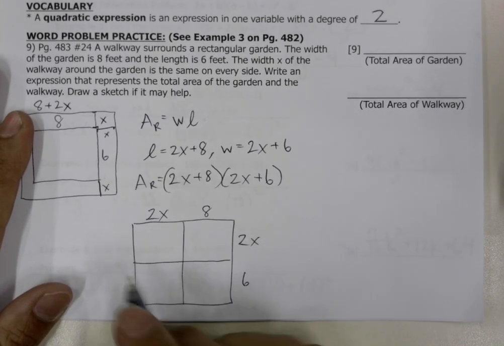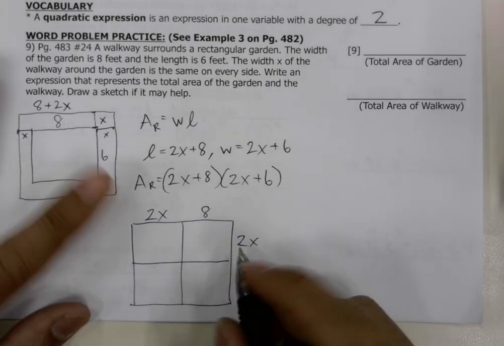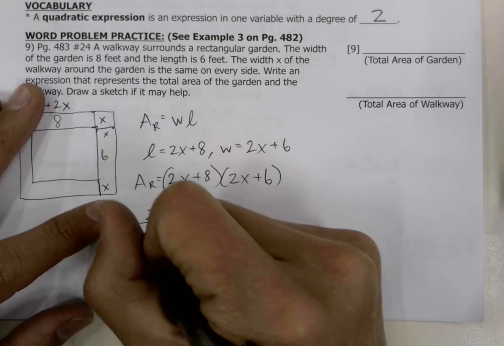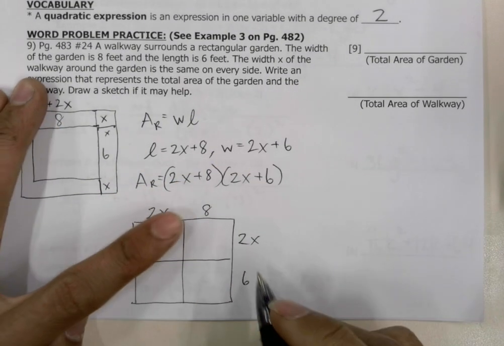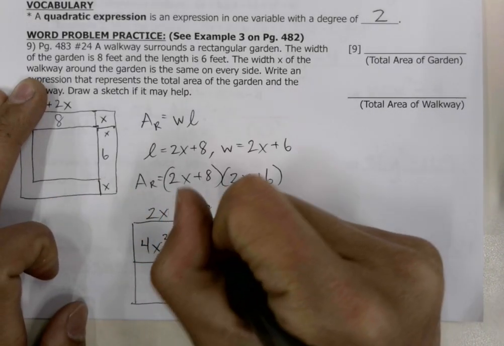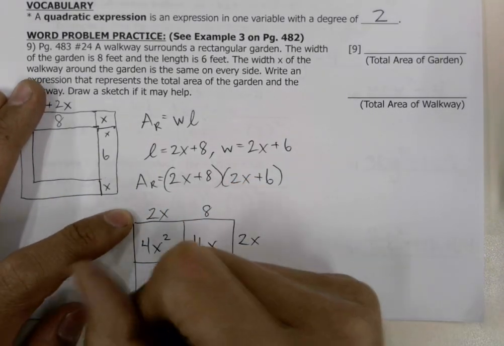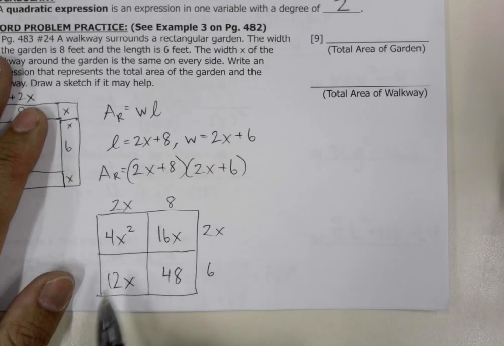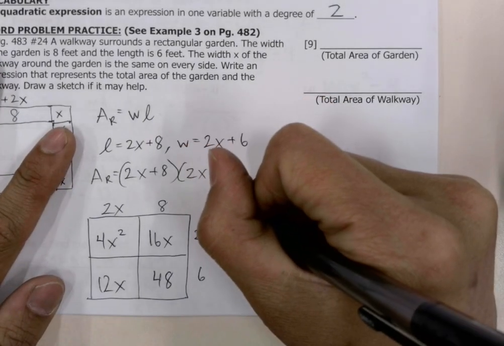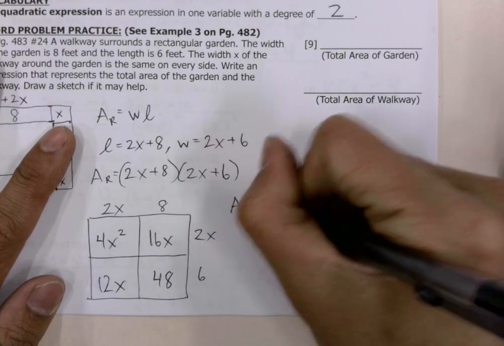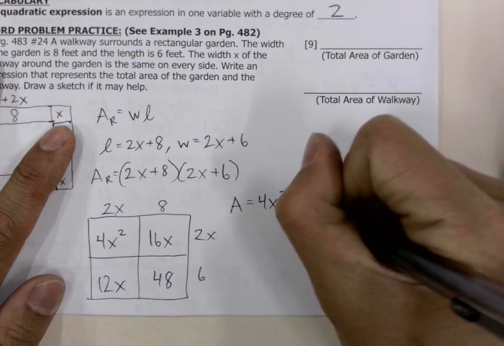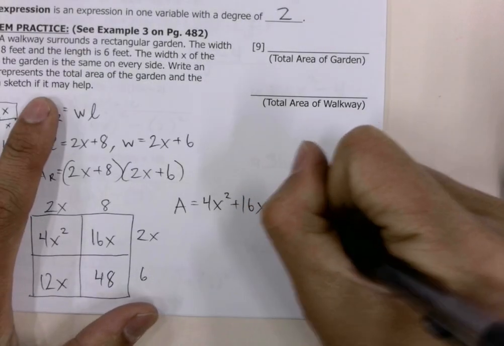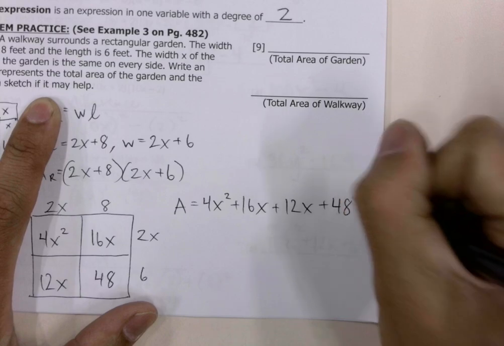So to fill out this times table, I'm going to multiply these two, so I get 4x squared. Then I multiply these two, I get 16x. These two will give me 12x, and then the last two will give me 48. So my answer is going to be this term plus that term plus that term plus that term. Right? So my area is equal to 4x squared plus 16x plus 12x plus 48.